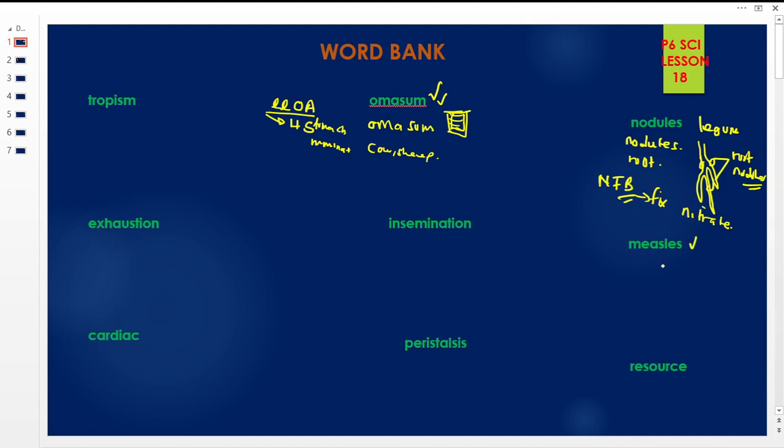So this is measles. The word is measles, and this is a killer disease which is immunizable. At the same time, it is spread through air, so it is an airborne immunizable disease. It causes skin rashes to a child, red eyes plus a running nose, and the child with measles gets a fever and a dry cough.